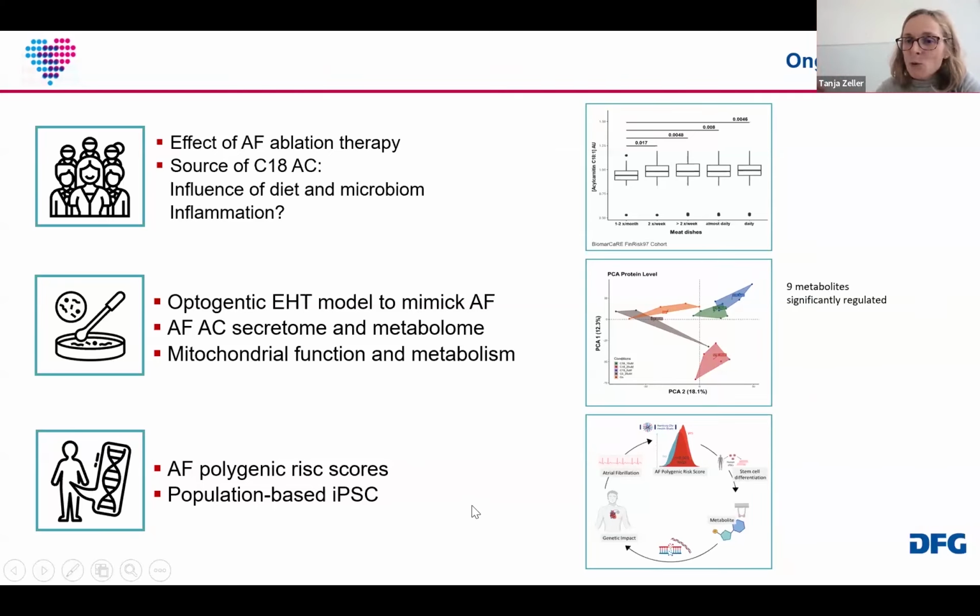So it's, let's say, a huge project which derived from the metabolomic analysis we conducted within BiomarCaRE, and which now includes even further large-scale cohorts.